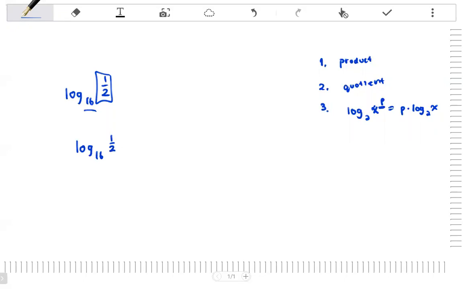I totally forgot how you solve this. You can change the base, I guess. Wait, give me a moment. I need to think.